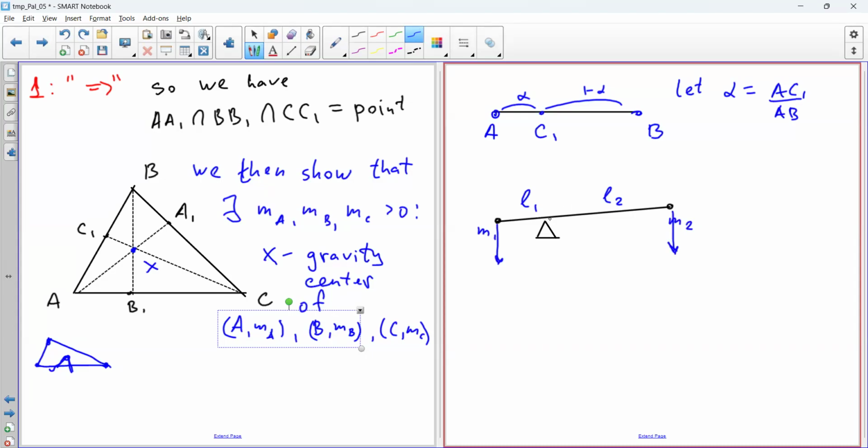And we know that the lever or the stick would be stabilized just if the moments of force are equalized. So that is how we know that M1 L1 equals M2 L2. This would be the physical intuition.